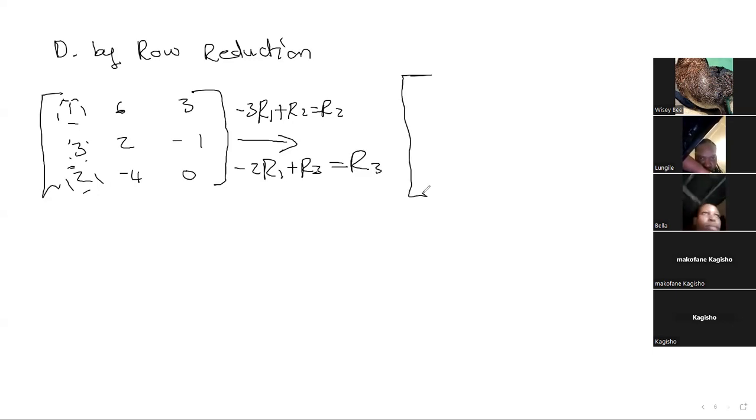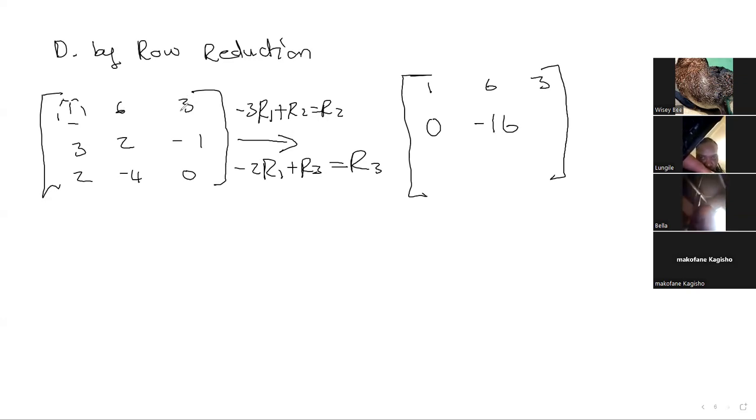And that matrix would be, this one doesn't change because it contains the pivot point. Then this would be 0. Minus 3 times 6, it's minus 18 plus 2, that's minus 16. Then minus 3 times 3, that's minus 9, plus minus 1, that's minus 10.